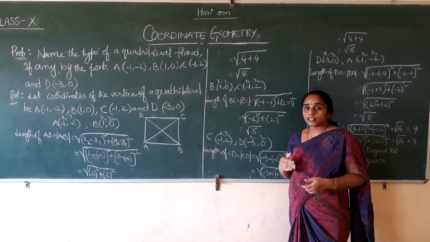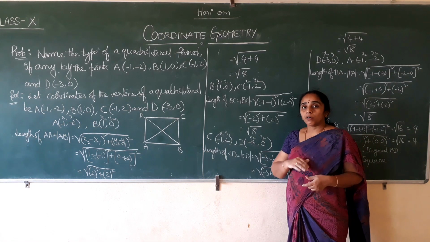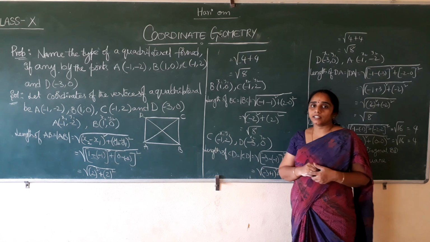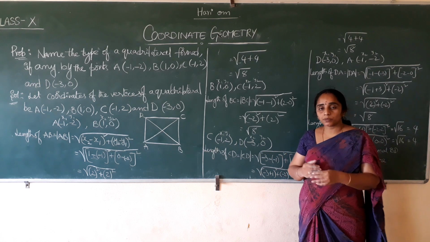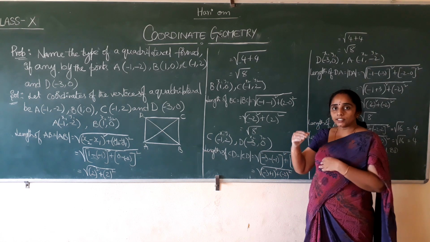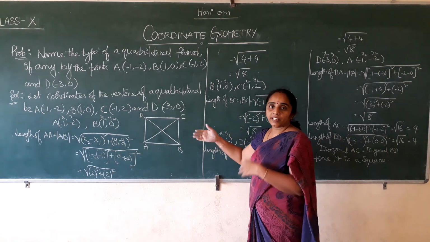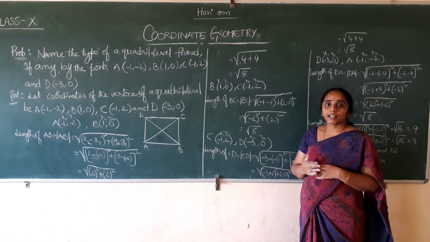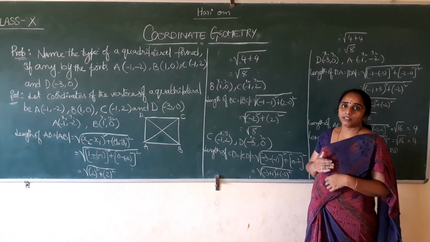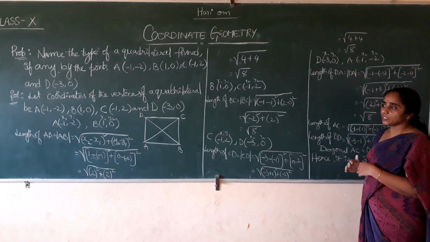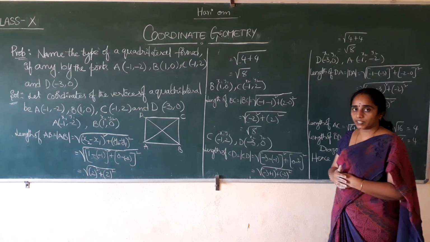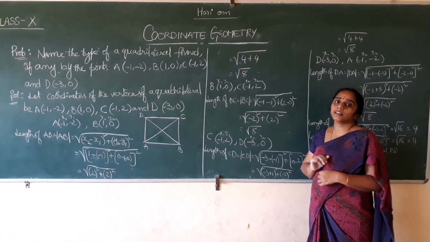But in case of rhombus also, all 4 sides are equal. What is the main difference between these two? In square, diagonals are equal, whereas in rhombus, diagonals are not equal. In both these two geometrical figures, all sides are equal.